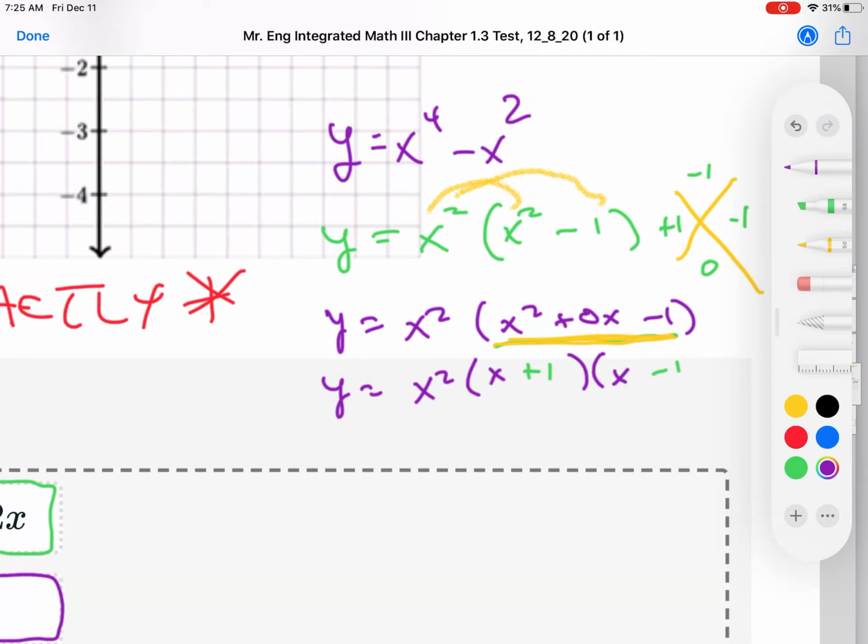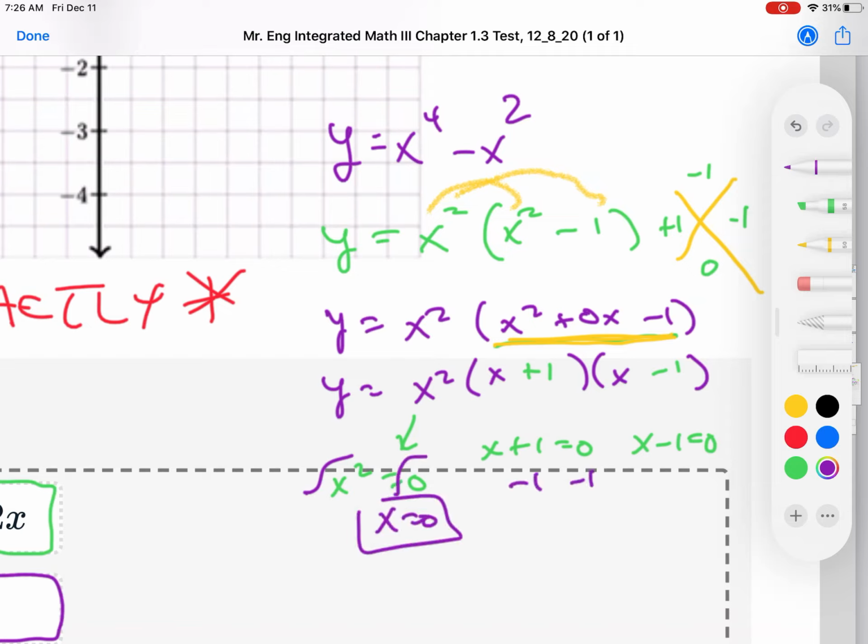So right there, I just factored. And then you set each of those equal to 0. And then take the square root here, so you get x equals 0. Subtract 1, x equals -1, and add 1 here, and x equals 1.